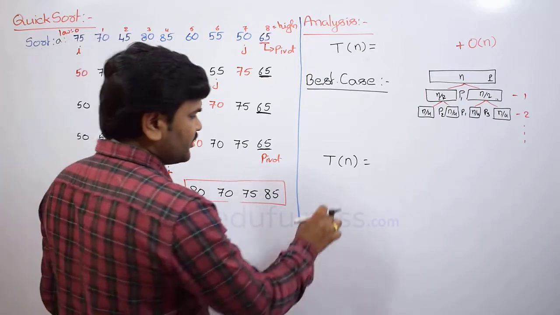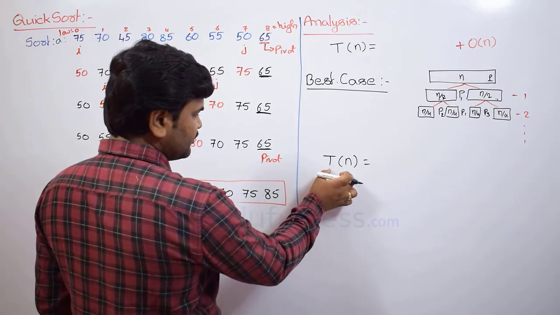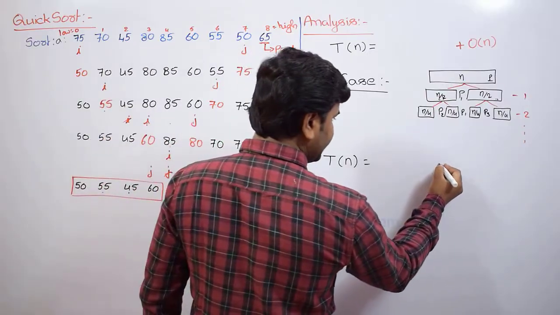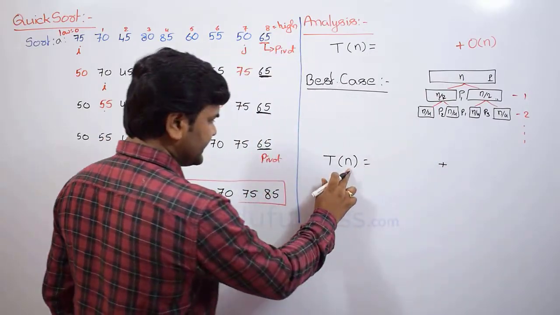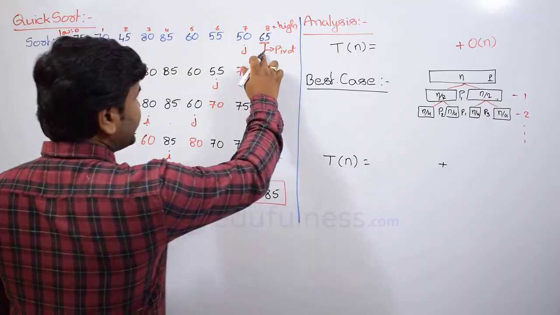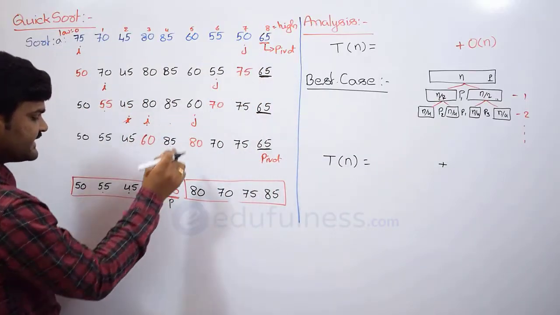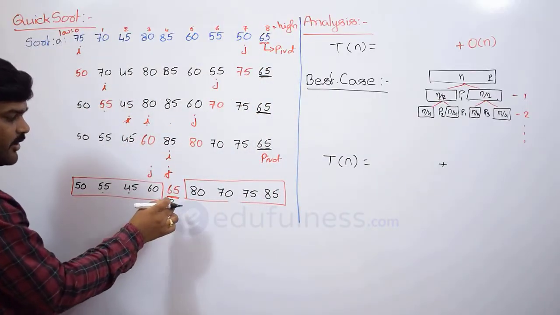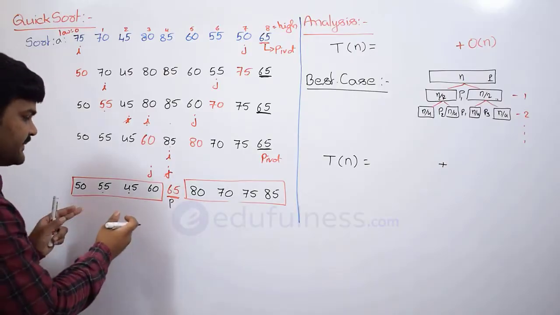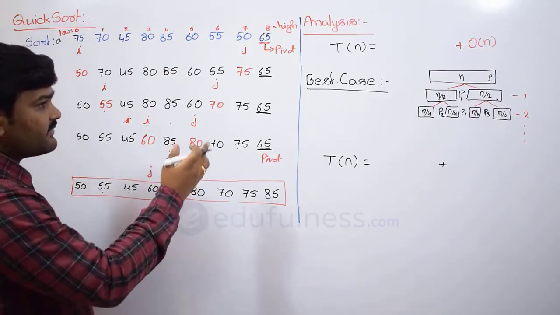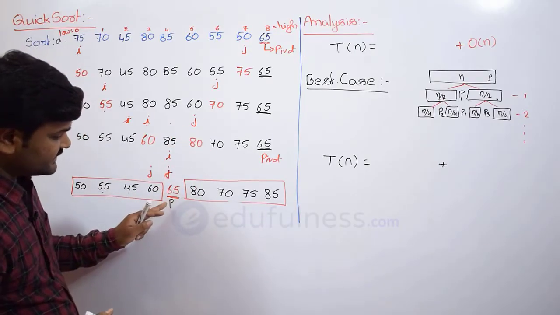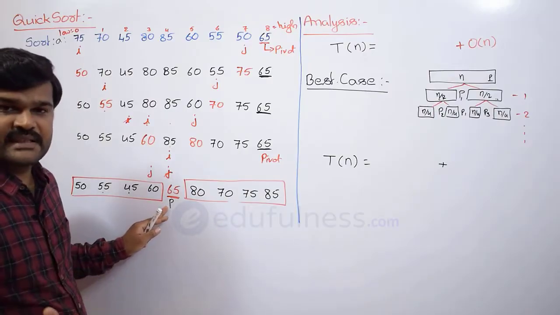We already concluded that whenever you have n elements, selecting the pivot and placing it in its correct position takes the same time, whether it is the best case or worst case. The number of comparisons and number of swaps for this pivot is the same.